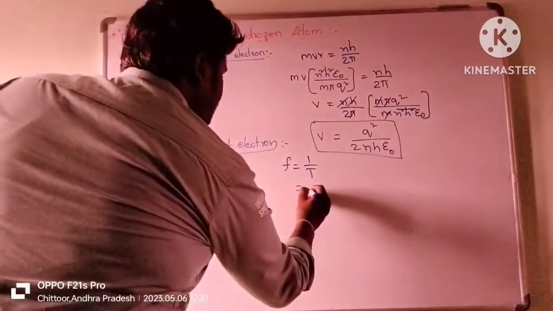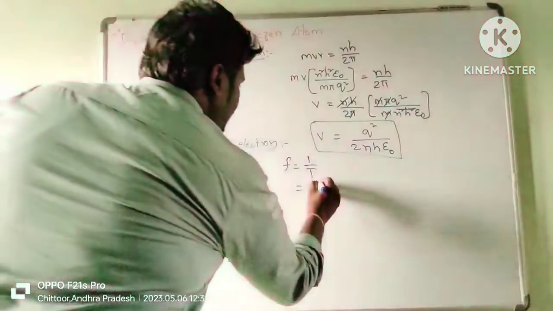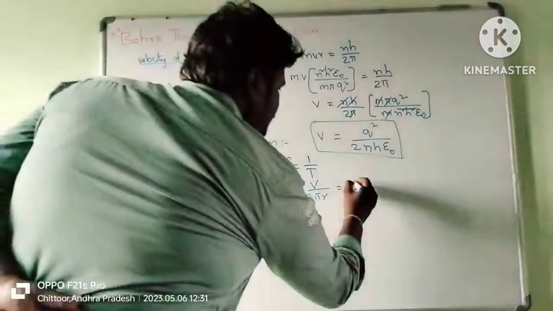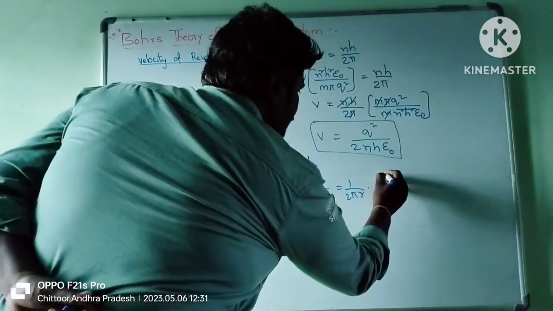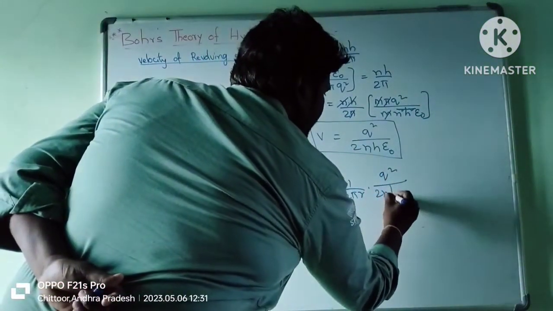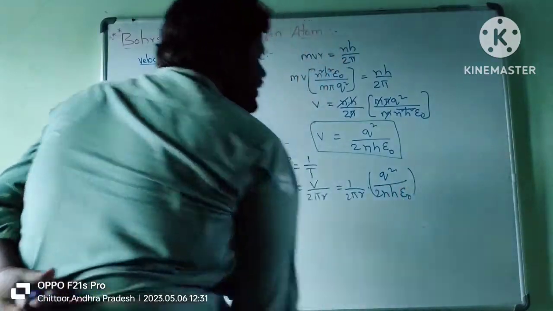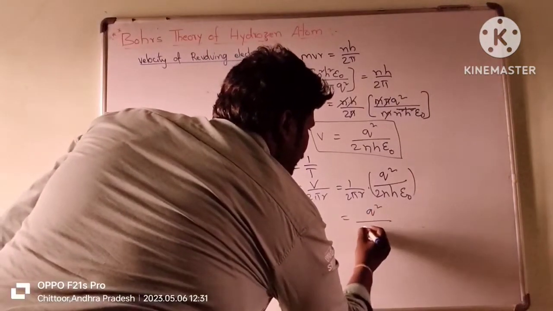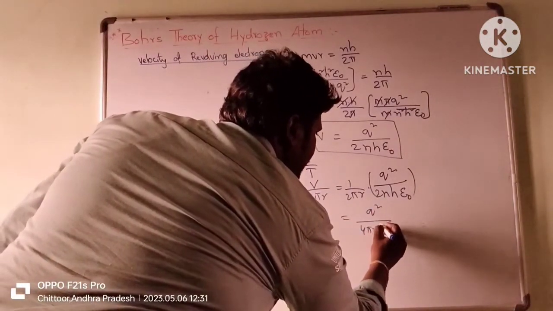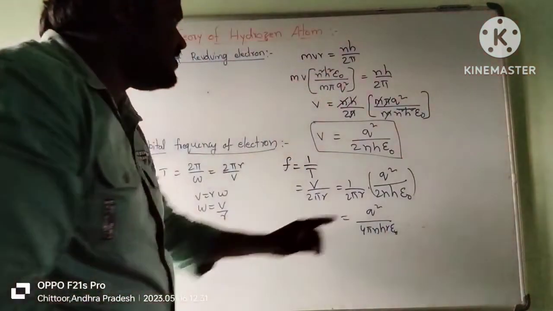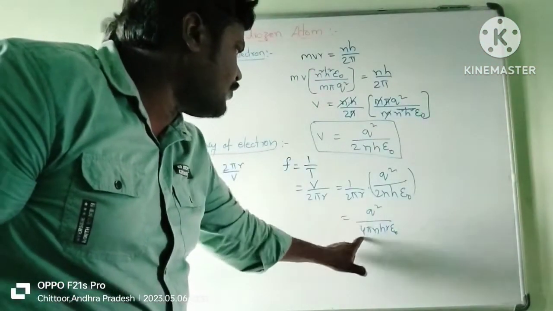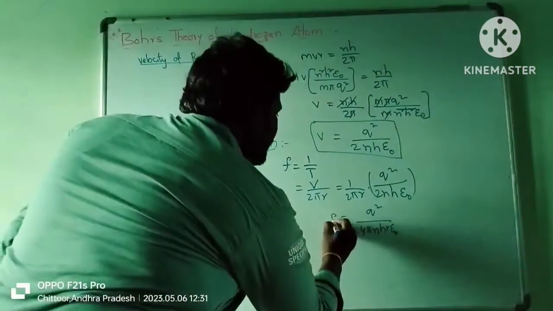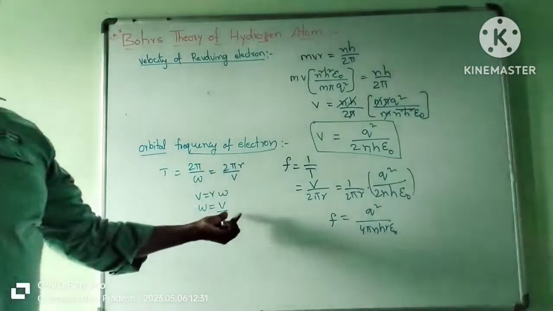Then frequency f is equal to 1 by t, which means v by 2 pi r. Now we substitute the v value, 1 by 2 pi r into q square by 2 nh epsilon naught. Now making the calculation, q square by 4 pi nhr epsilon naught. See here, in the denominator 2 into 2 is 4, and pi nhr epsilon naught. So this is the frequency of the electron while it is revolving in the orbit.